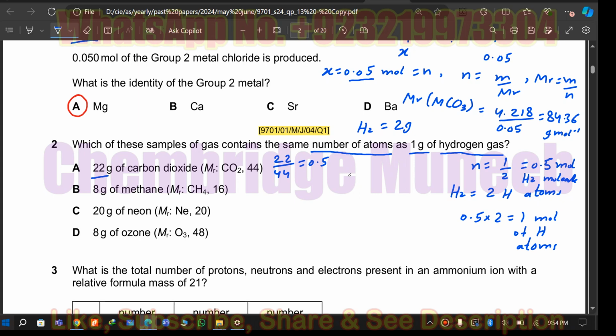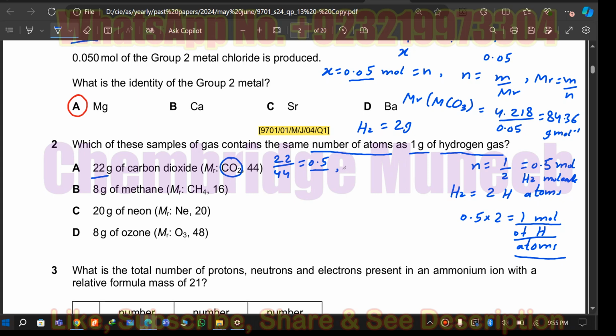However, we needed to calculate the moles of the atoms. So as we have calculated 1 mole of the hydrogen atoms, now we have to calculate the moles of the atoms in carbon dioxide. 0.5 mole belongs to the moles of the carbon dioxide, whereas there are 3 atoms in a single molecule of CO2.